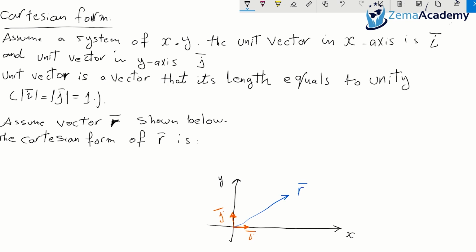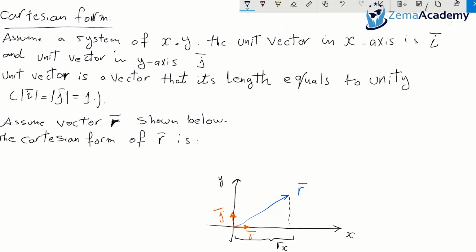If you project R on the x-axis, it gives you a length Rx.